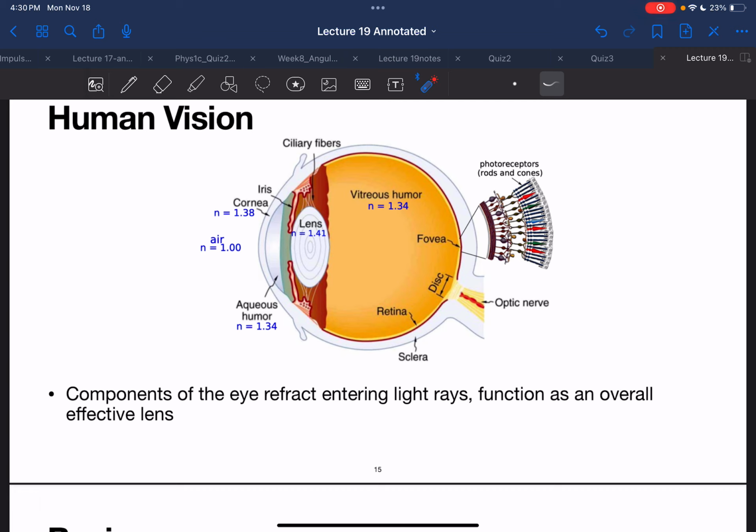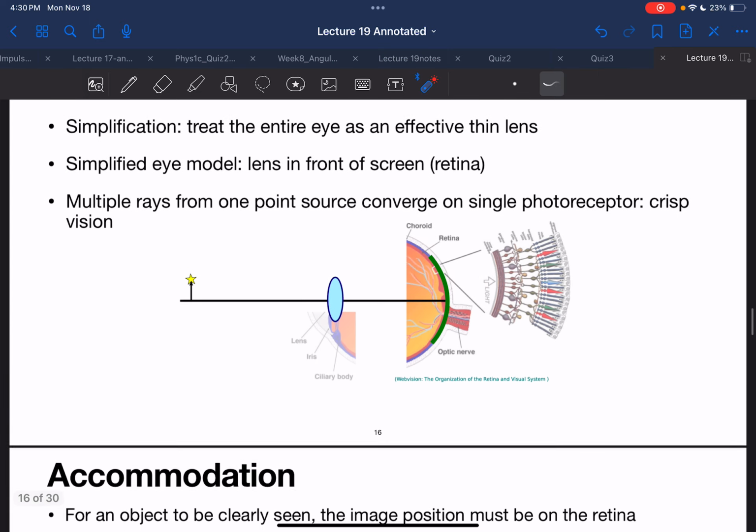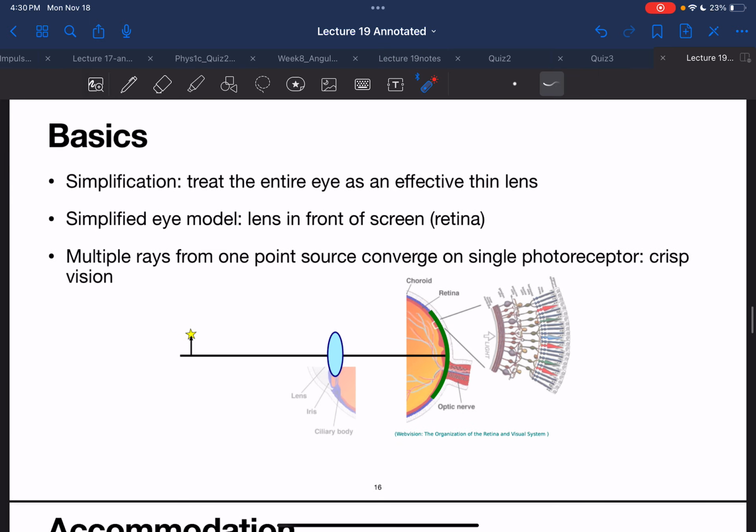These all have different indices of refraction, and then you have a lens that has its own index of refraction. We're going to treat these together as one single lens type component, and this is a simplified model. And then we have a screen back here where the image is forming.